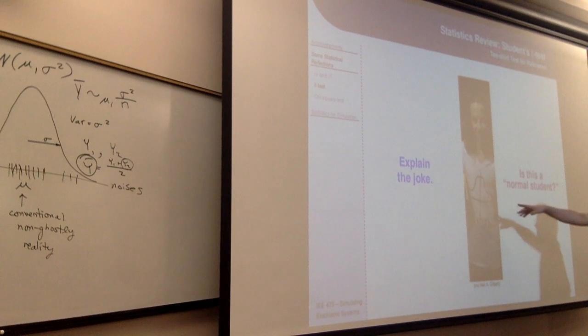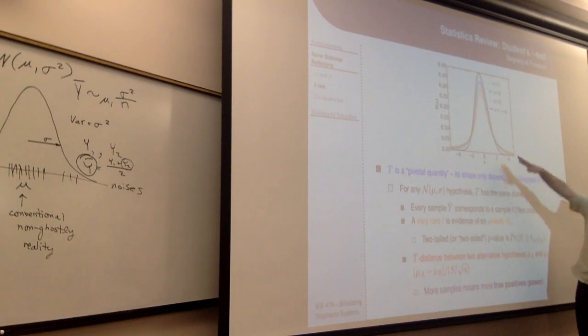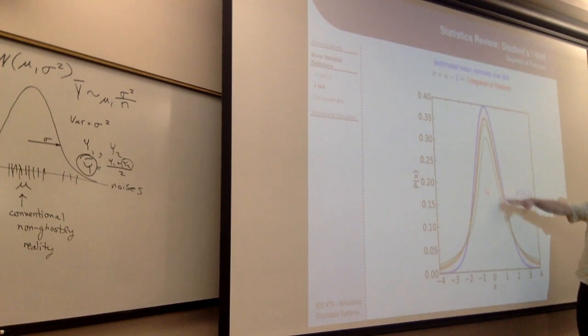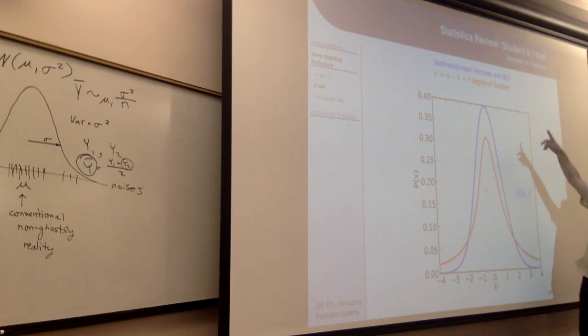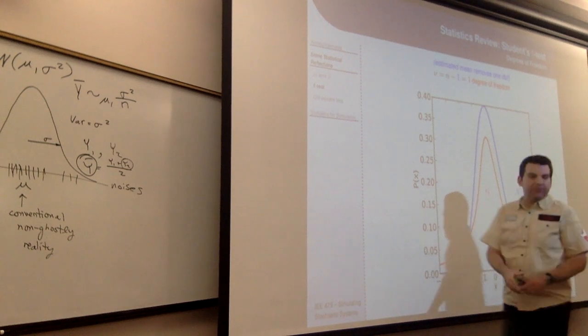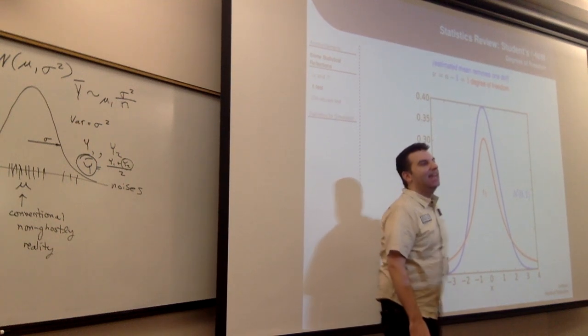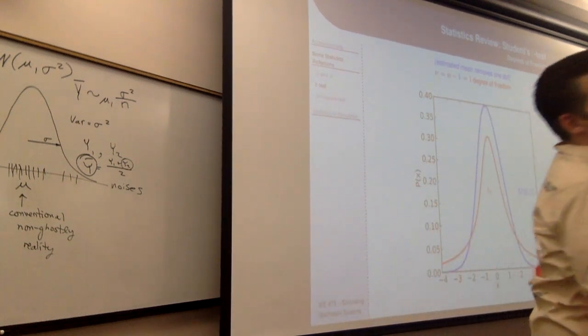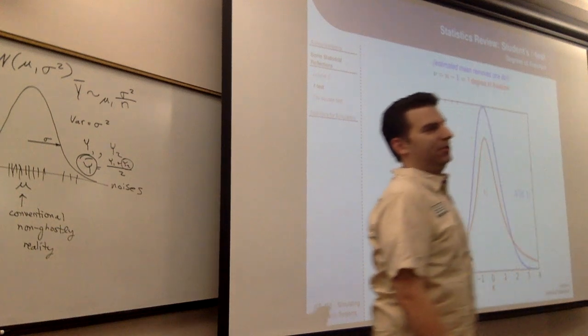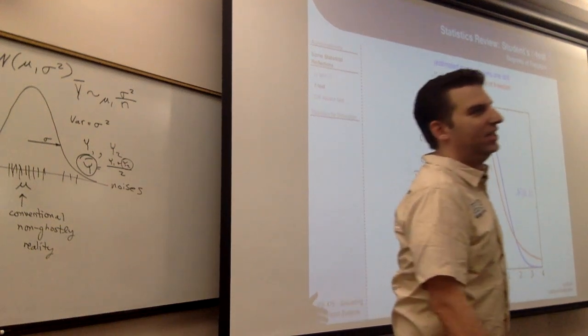Well, if you go back and think about these curves here, and I go back to the one with very low degrees of freedom, this is what Neil's drawn on his shirt, this fat-tailed distribution. This is not a normal distribution. This is a student's t distribution.